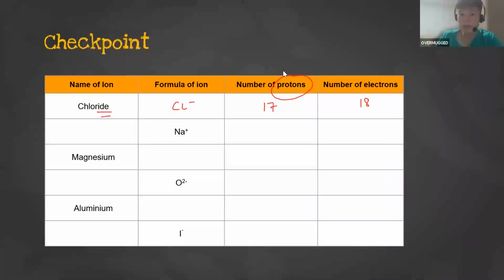I think most of you got it. Remember, these are ions. This one lost 1 electron already. At first it had 11, I lost 1 electron, now I am 10.